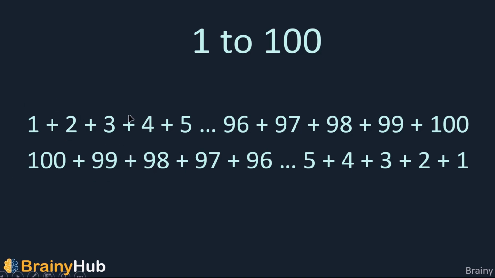If we add this it will be 101, so on and so forth. So actually this is going to be 50 sequences of 101. So he just multiplied 50 with 101 and came up with the answer of 5050. Now we can actually perform this even faster than Carl using the range function.